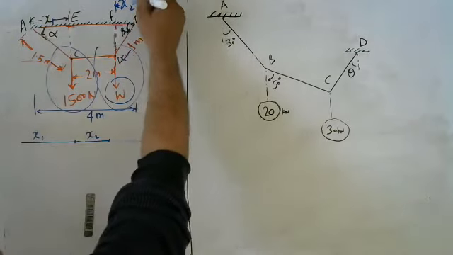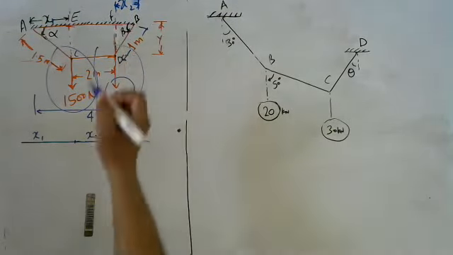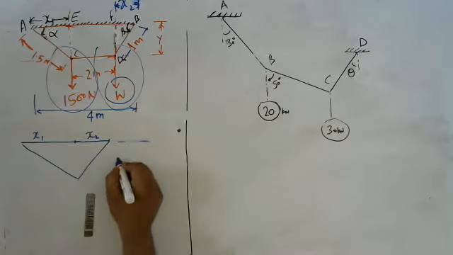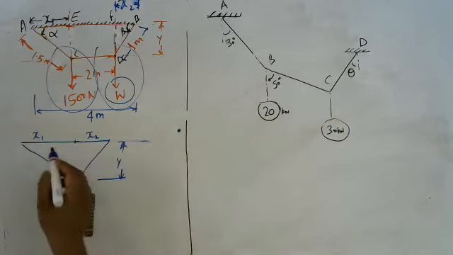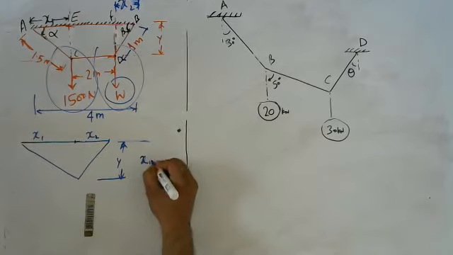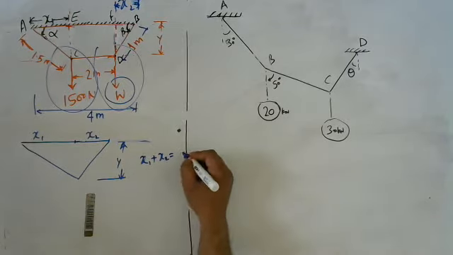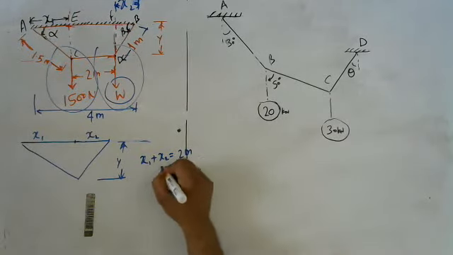Let us assume this ordinate is y. Then x1 plus x2 is equal to 4 minus 2, which is equal to 2 meter.